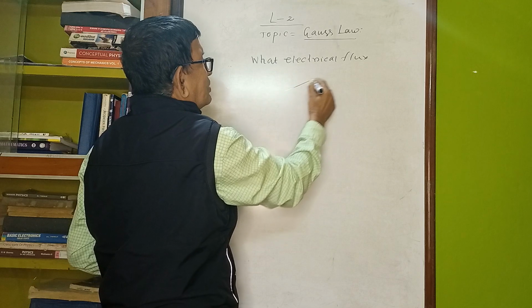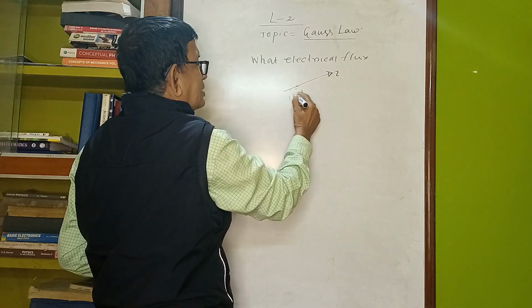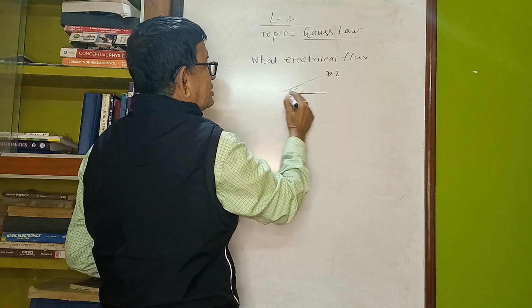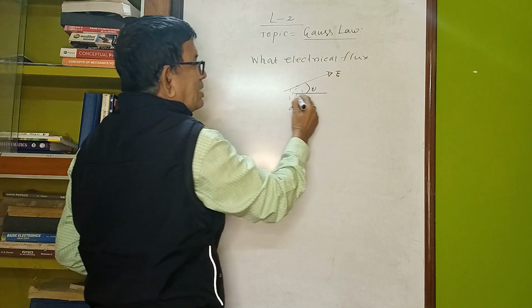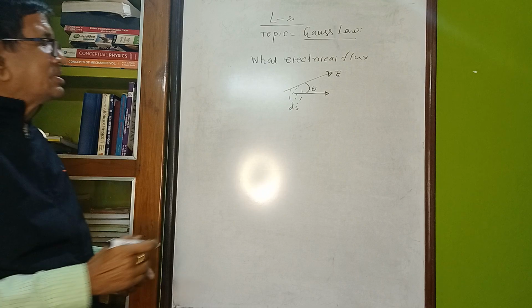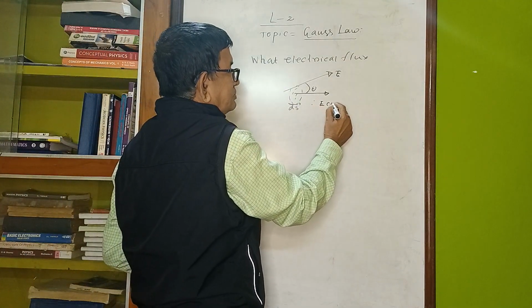Suppose this is electric field E. You consider a surface ds. Now the area vector is making an angle theta. Then the component of electric field along the normal, that is along the direction of the area vector, is E cos theta.